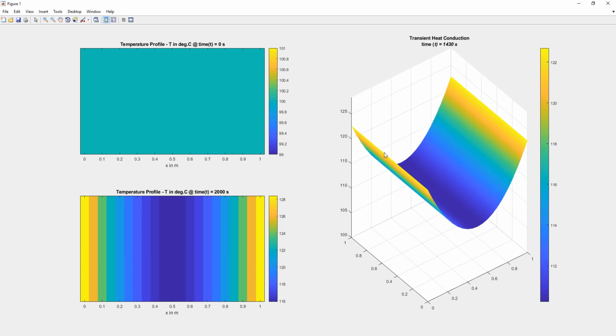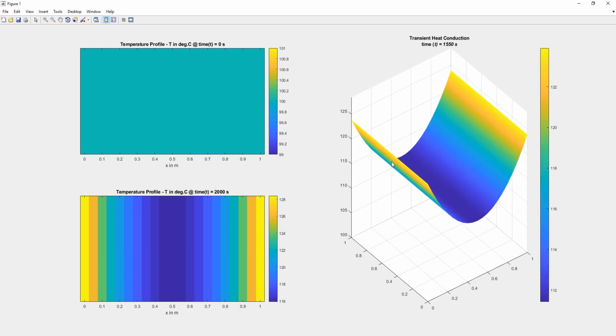The temperature at the ends is the highest because the heat enters the bar from the ends. The temperature scale is shown on the right hand side.